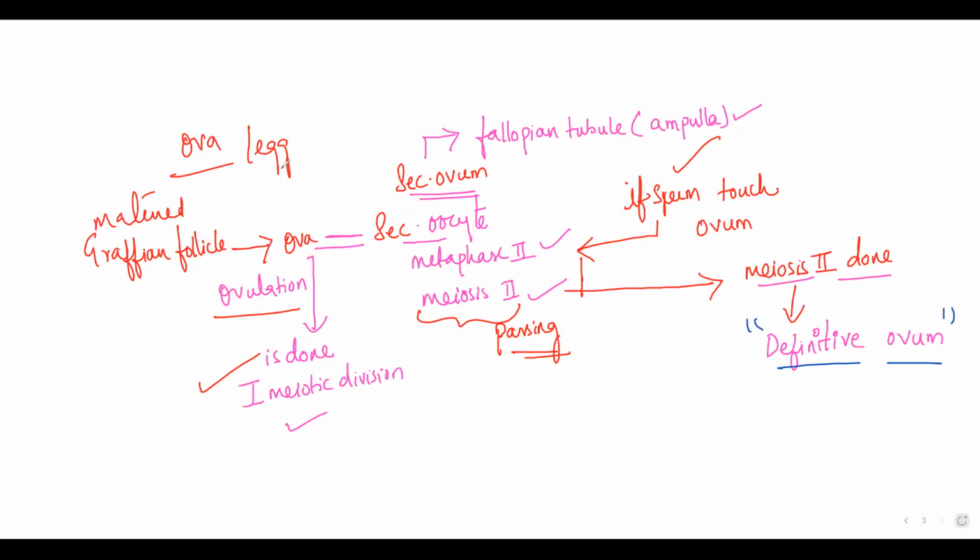Now I'll tell you the procedure, how they are going to be moving. Let me draw an ovary, which is going to be almond shaped, and you can see that this portion is bulged out because the Graafian follicle is about to release the ovum.